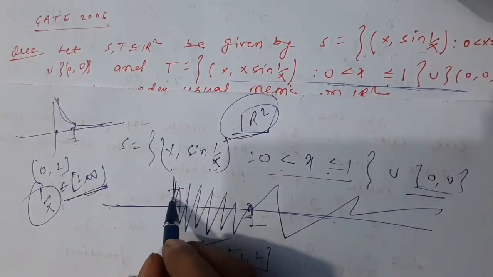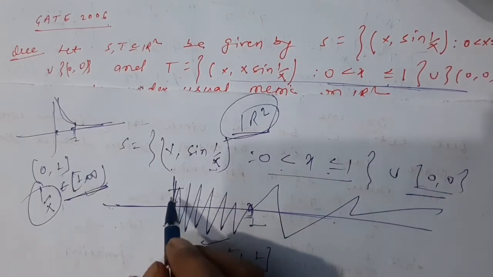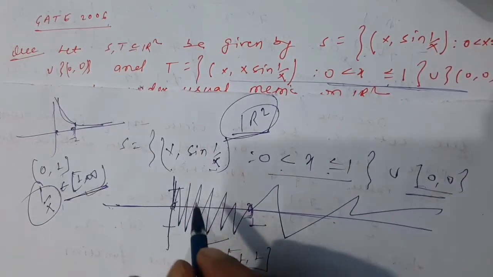If you make a neighborhood of any radius at a point of the y axis between -1 and 1, it contains infinitely many points of the set.